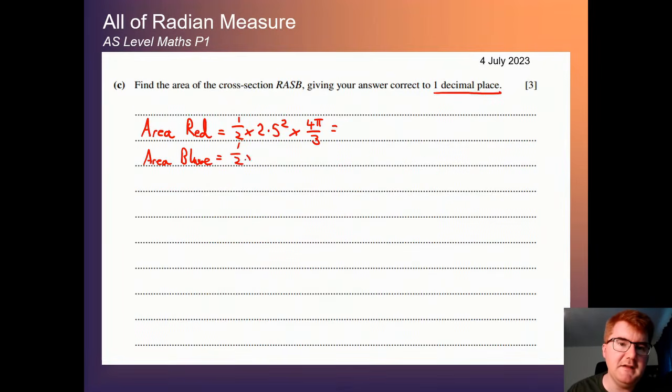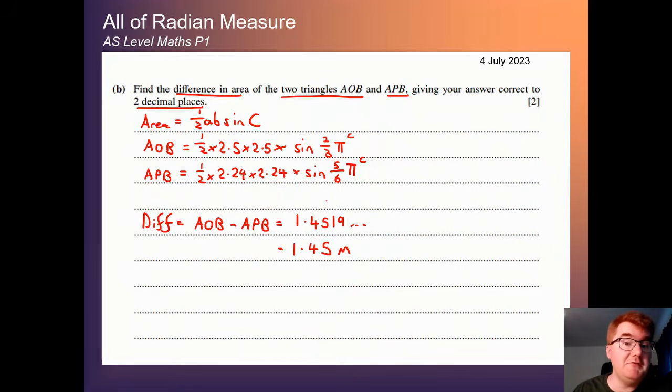So let's pop that in. And so to work out the total area, we need to work out the red area plus the blue area plus the area that we worked out in part B. So we can use the non-rounded version here, the 1.4519.